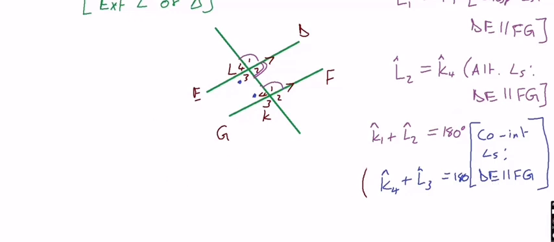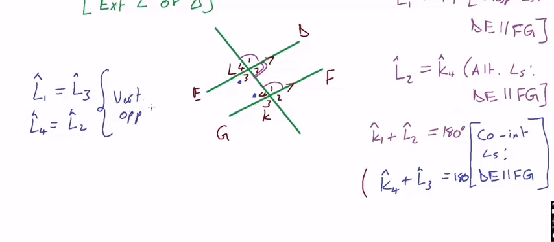We can also see that L1 will be equal to L3 because of what we would refer to as vertically opposite angles. In fact, even L4 is equal to L2. So the reason for this is vertically opposite angles.